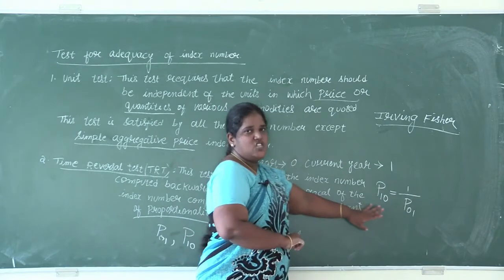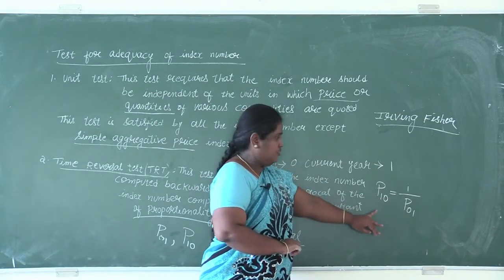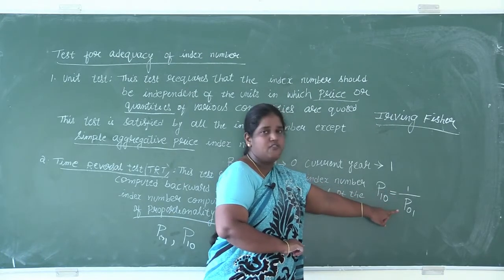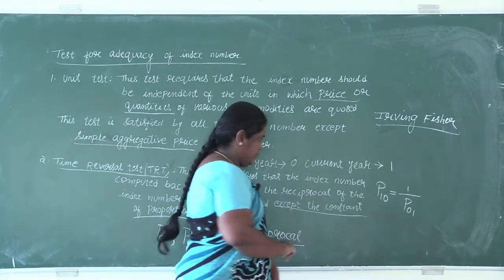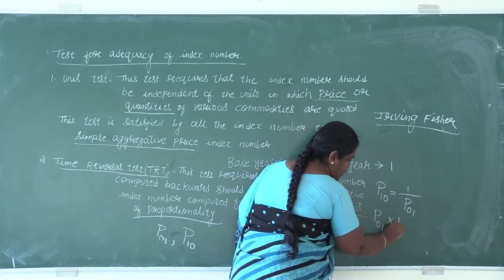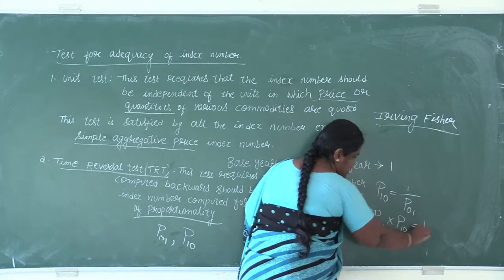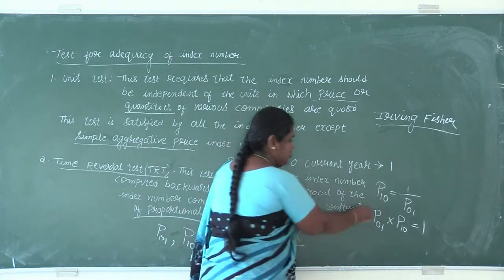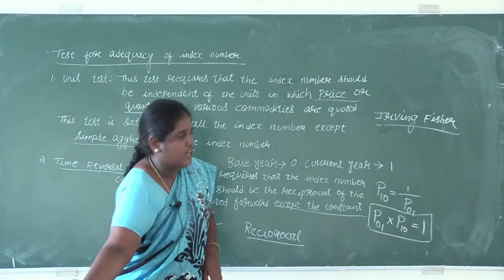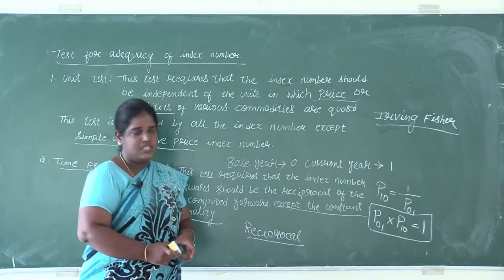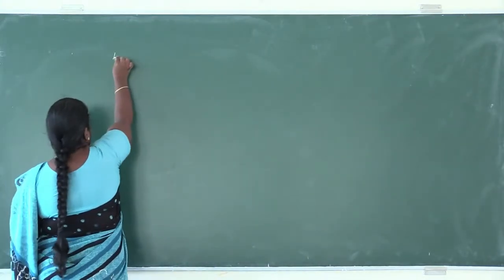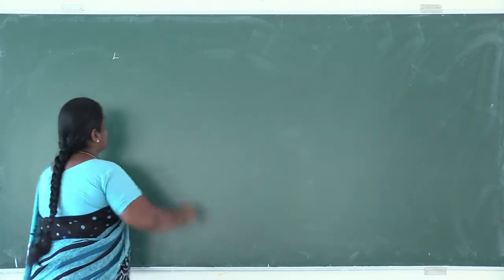So when we interchange the base year and the current year, the resultant index number is the reciprocal, 1 divided by P01. In other words, P01 into P10 equals 1. This is the condition we'll use to check whether the index number satisfies the time reversal test or not. We'll test which methods satisfy the time reversal test and which do not.